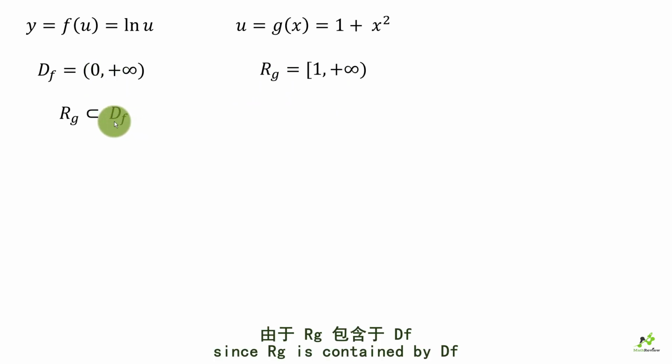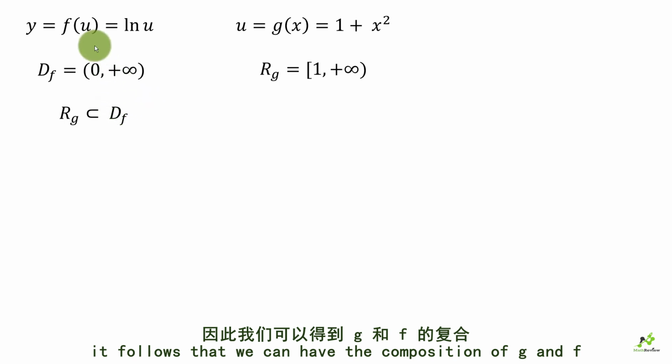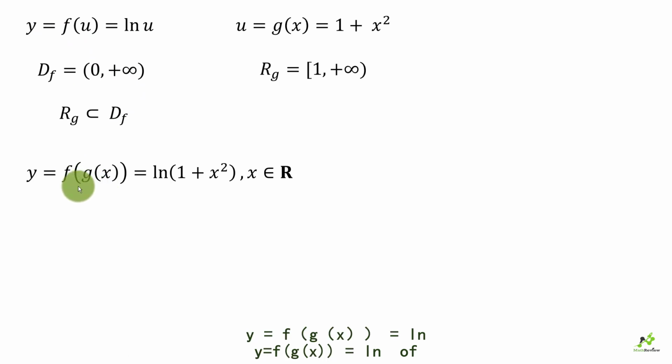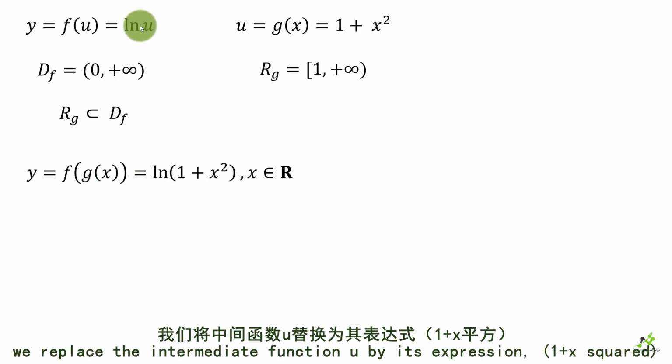Since Rg is contained by df, it follows that we can have the composition of g and f. y equals f of g of x equals ln of, we replace the intermediate function u by its expression, 1 plus x squared.